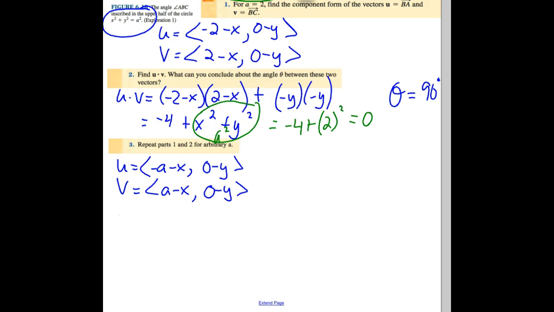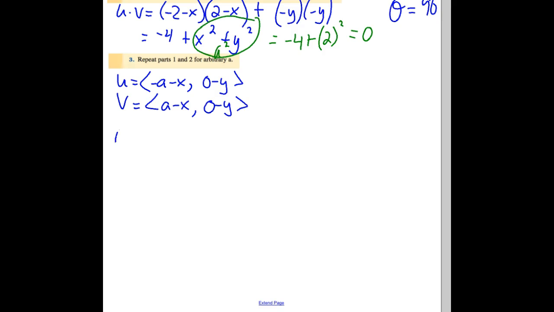So let's go through and do the dot product again. We have first component times first component plus second component times second component.